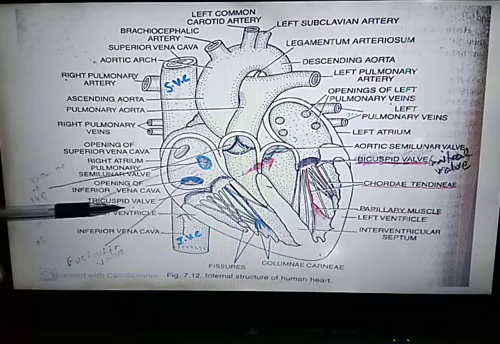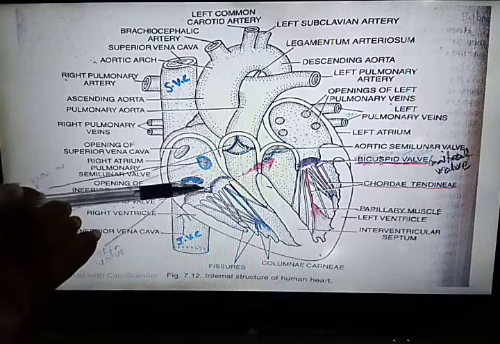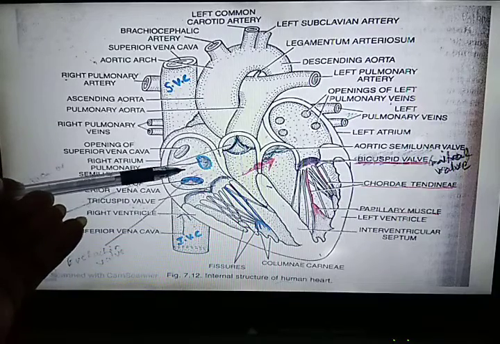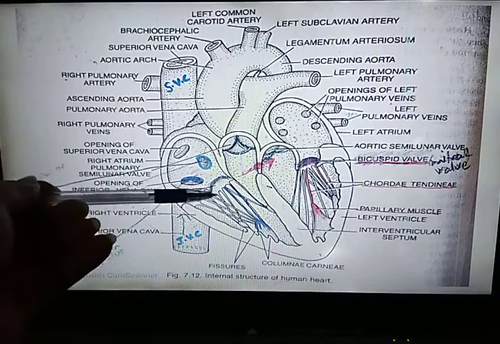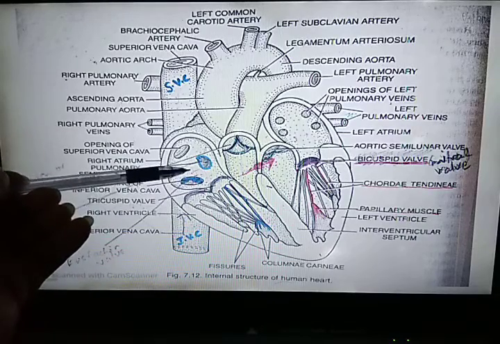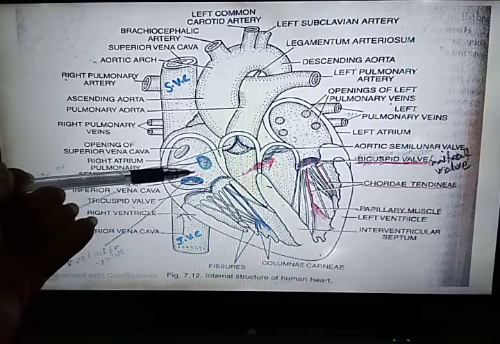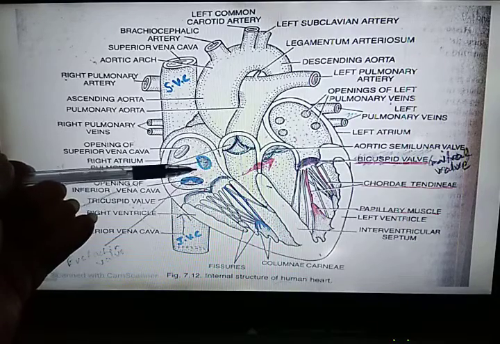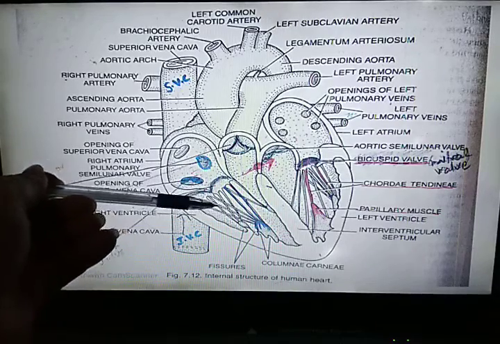You have to remember the name tricuspid valve. The tricuspid valve cannot open back into the auricle, due to which blood cannot come from the ventricle into the auricle, but the flow of blood can take place only in one direction, from auricle into ventricle.